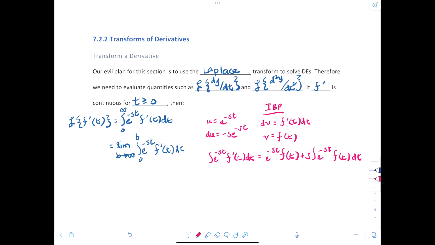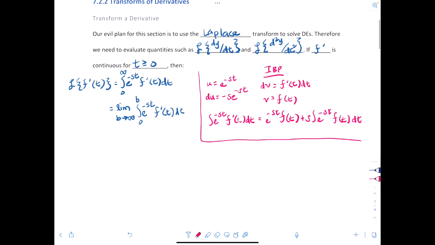All right. So now bringing that back over. So this is done. I know it doesn't look very done, but it is.